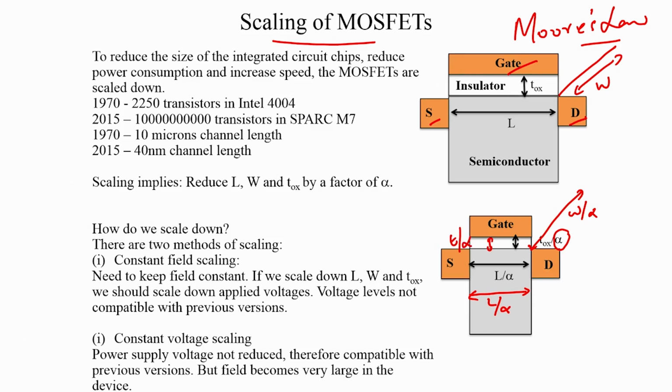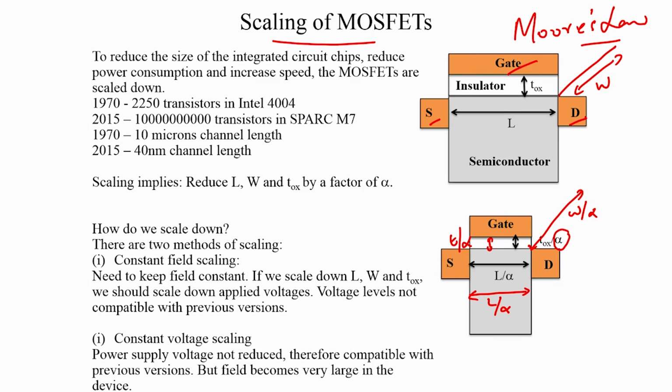And why do we need to do scaling? So that you can make the transistor smaller, and so that you can have more transistors in a given layout area. By scaling down the transistor you improve the speed and the performance, and you change the power consumption depending on how you scale, of course, and we will look at that.